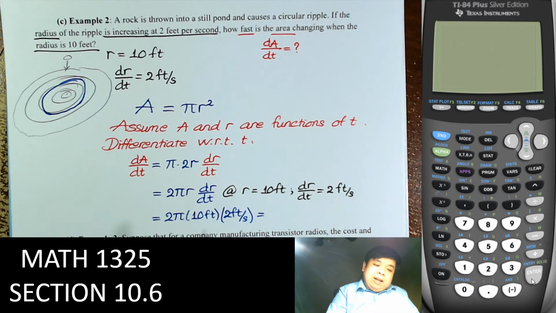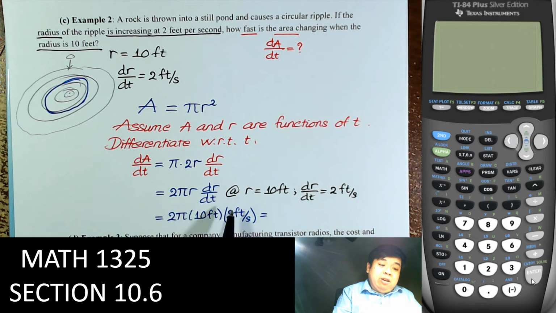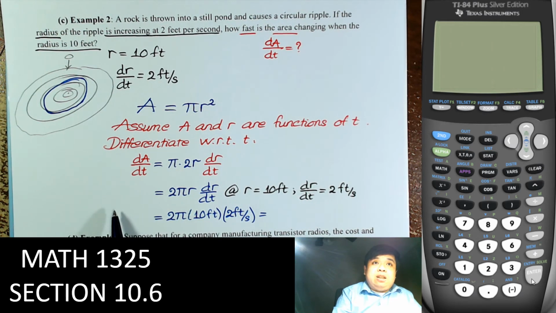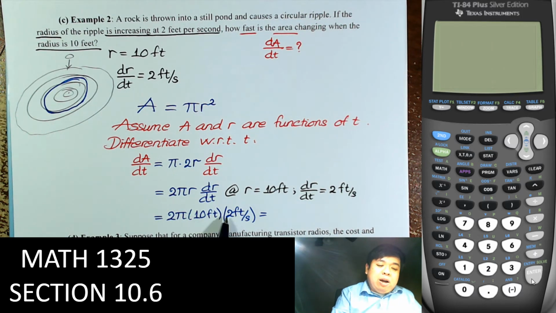Right, now we have feet times feet will be square feet over second, which would make perfect sense because the unit of the area would be square feet. It's perfect. And then the unit for t is second in this case, so we have square feet per second. Perfectly fine. Now combine all the numbers. 2 times 2 is 4 times 10, 40 pi.